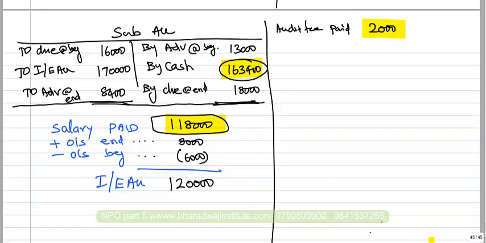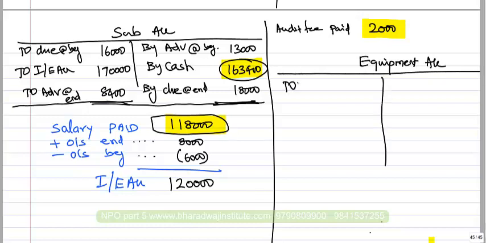Next. What is the next one we have to work out? You can prepare the equipment account, or you can prepare a statement also. To balance brought down, what is the opening balance? 52,000. They provided depreciation also.